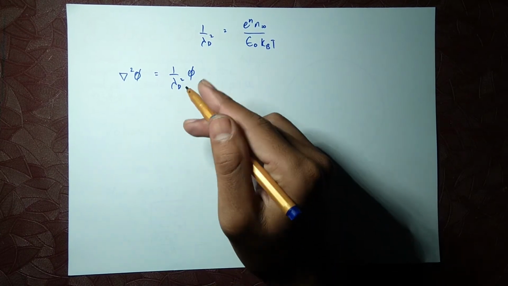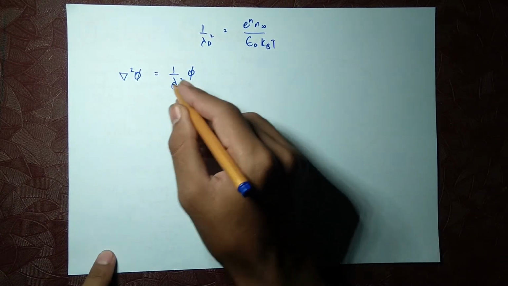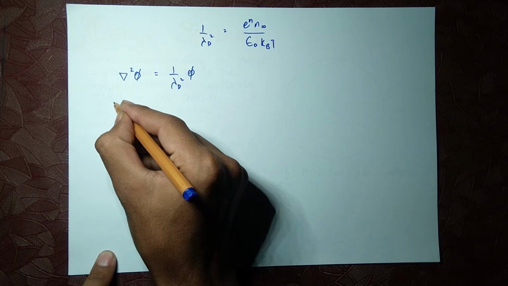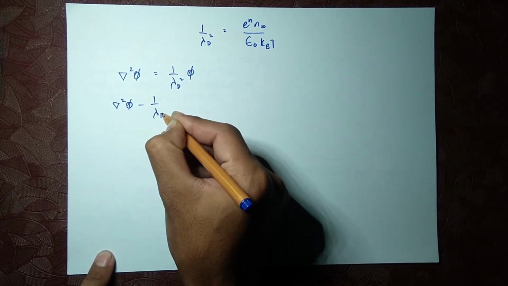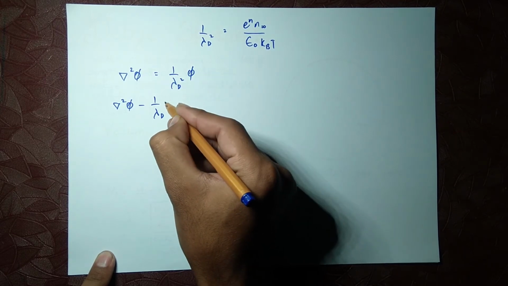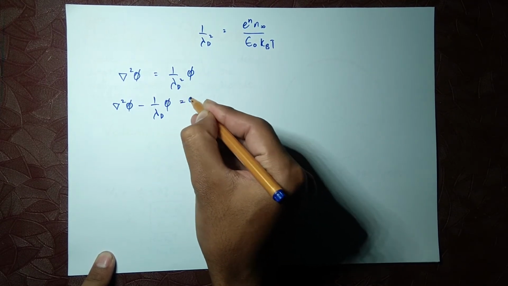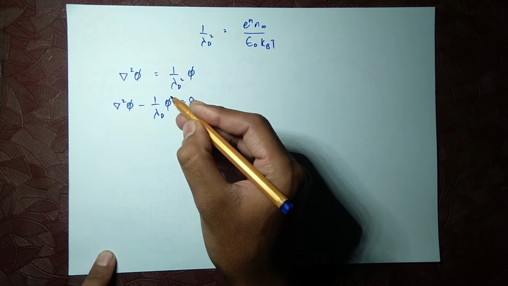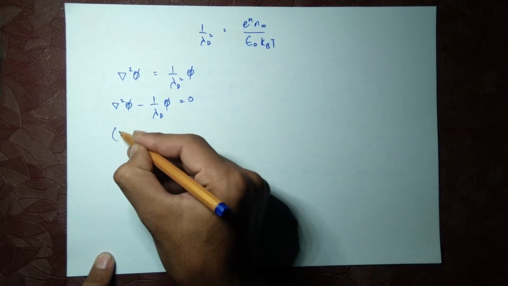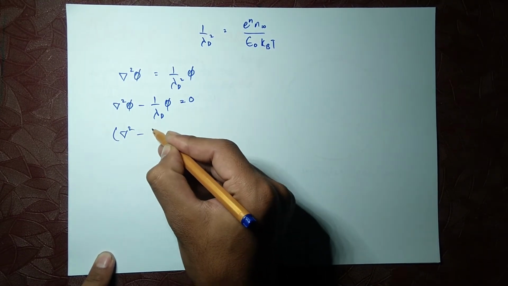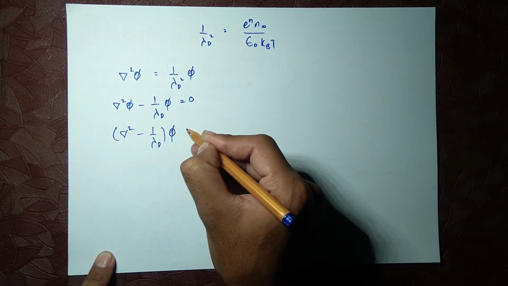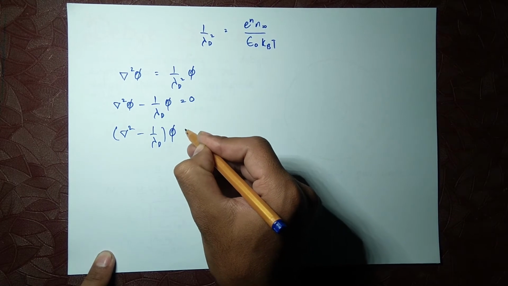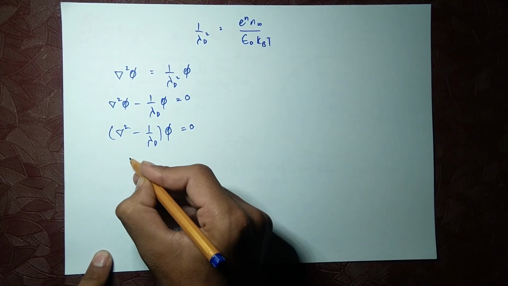So now I'm taking this term toward the left: del squared phi minus 1 over lambda_D squared phi is equal to 0. From this I will take phi as common, and this term will be equal to 0.